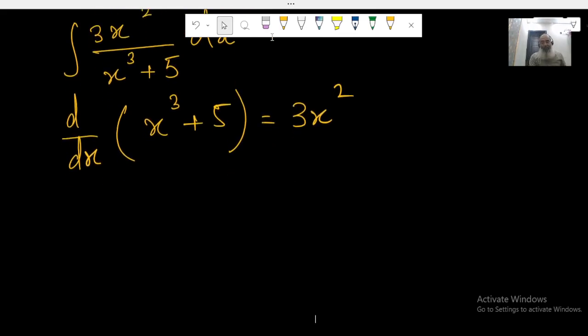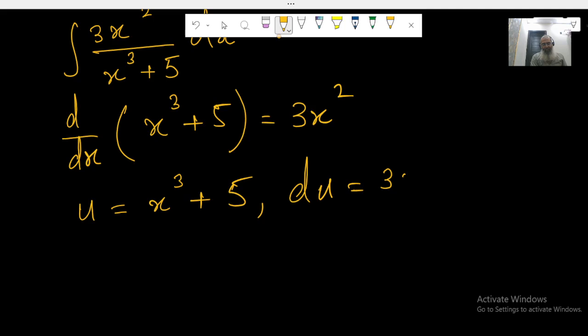Here, now you can substitute very cleverly, and a clever substitution will save many precious minutes of exams. Here, u is equal to x cubed plus 5 and du is equal to 3x squared dx. That is on the top, as you can see.